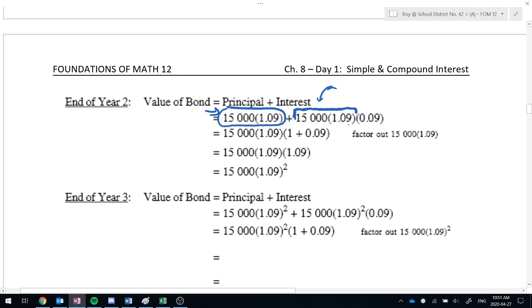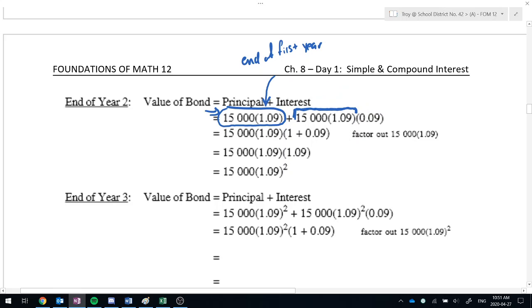but we're not adding all of it, we're just adding 9% of it, right? Because now we're in the second year, we have to compound that amount, so we take 9% and add it to what we had at the end of the first year. So this is the end of first year amount.